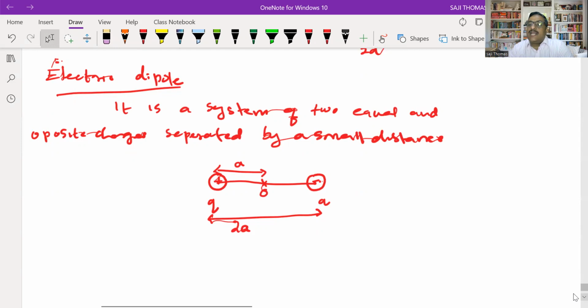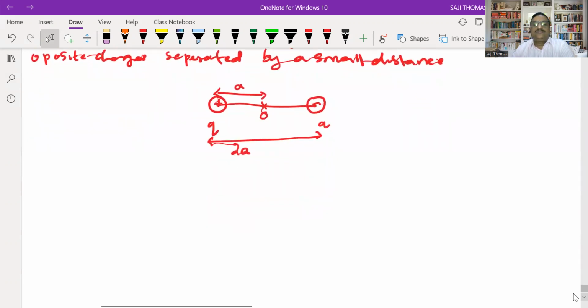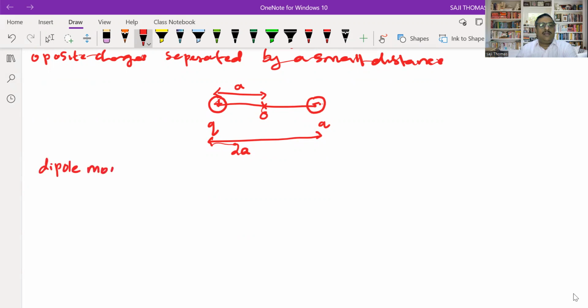Now, electric dipole moment. What is the electric dipole moment? It is the product of the magnitude of either charge and the distance between them. The distance between the charges is known as dipole length. We denote dipole moment by the letter P. What is it?